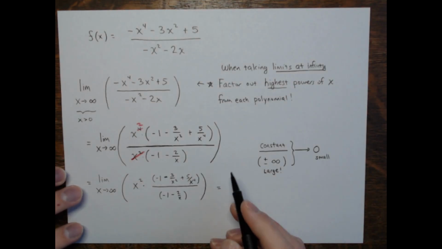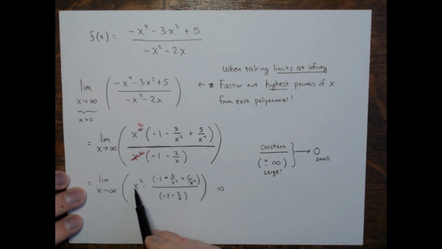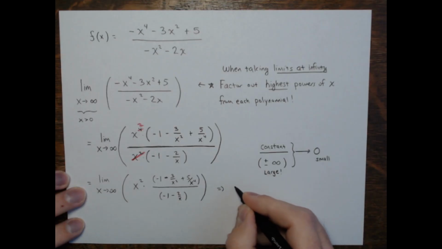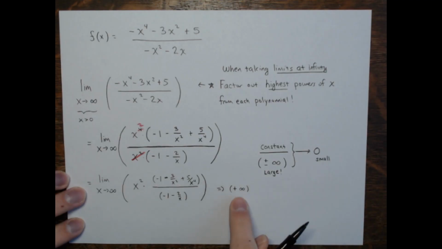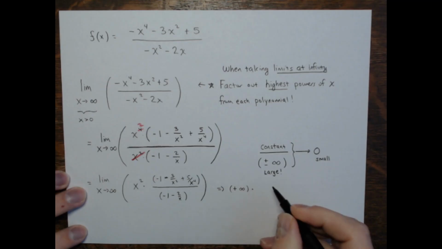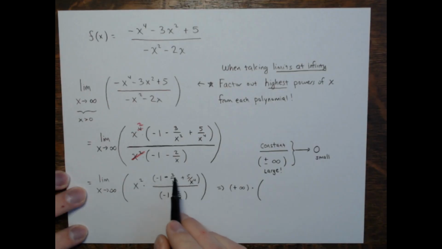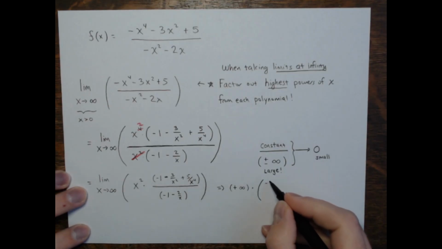So the limit, I'm going to write it this way. When you plug in larger and larger values of x, see, x squared would be getting very, very positive large. I'll put positive infinity for the x squared factor, multiplied by, and then this fraction, the terms of these numerator and denominator in the fraction are approaching -1, right?